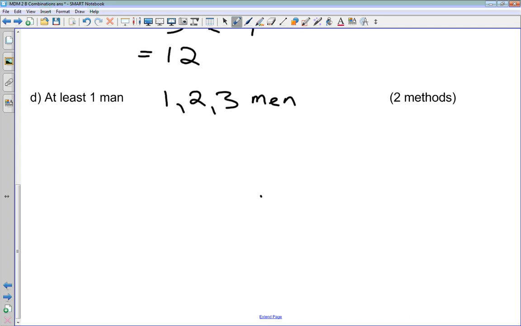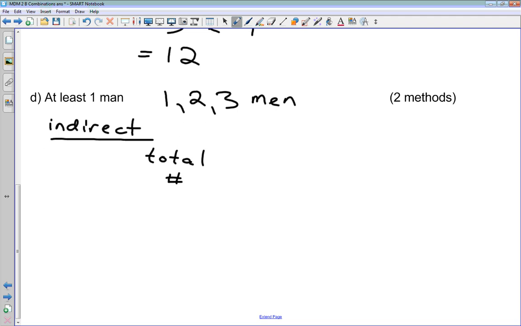One method of doing this is the indirect method. What we do here is we calculate the total number of possible combinations that we have.